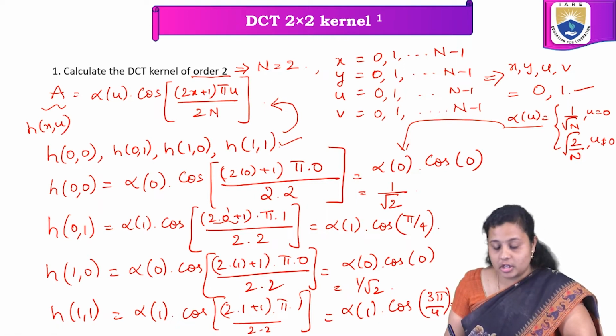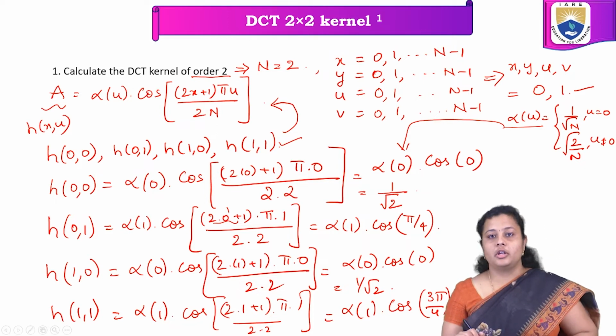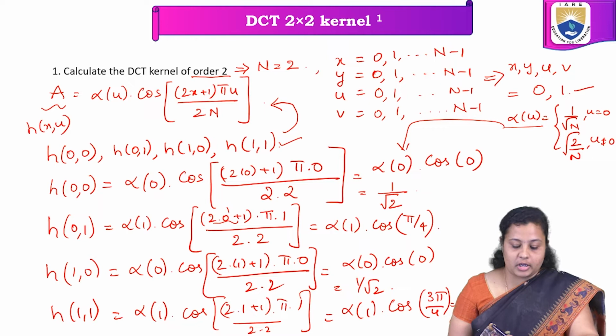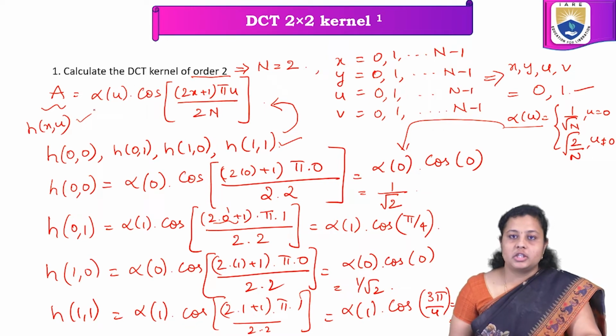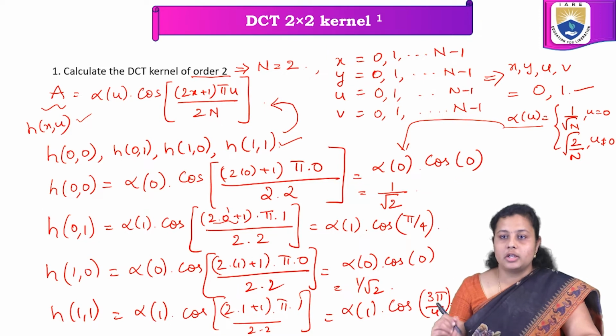Alpha of 1 is equal to 1 by square root of 2 into cos of 3 pi by 4. Right? So we have calculated the matrix h of x comma u by using the DCT formulas as shown like this.